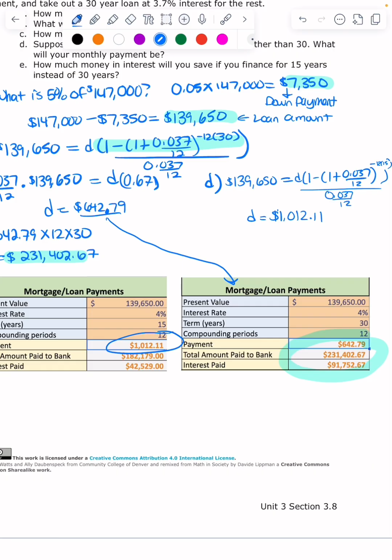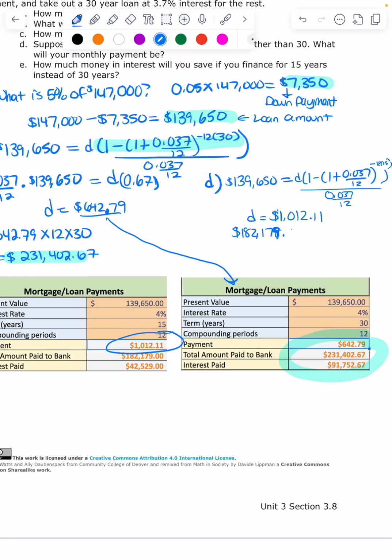How much money in interest will you save if you finance for 15 years instead of 30? So the total amount that you end up paying for the 15 years is $182,178, and well, let's make it $182,179 with the rounding.